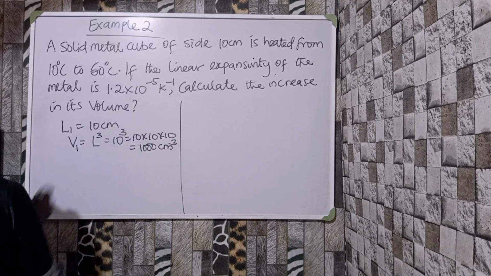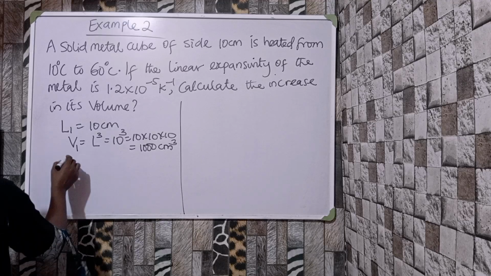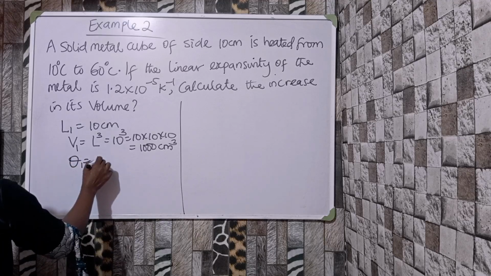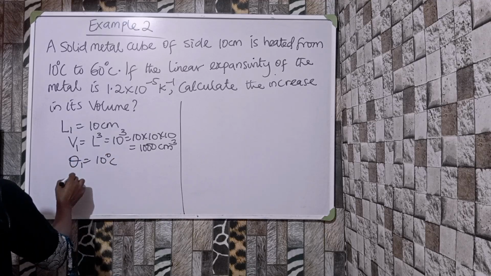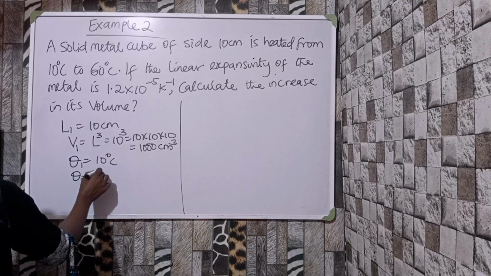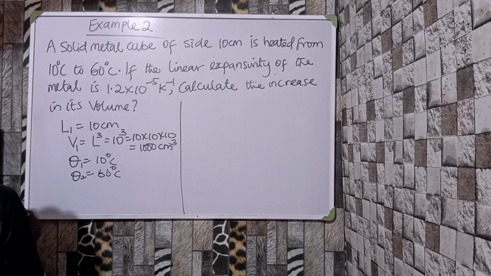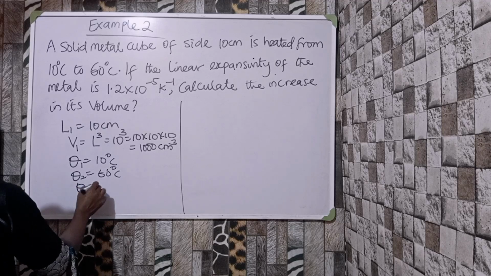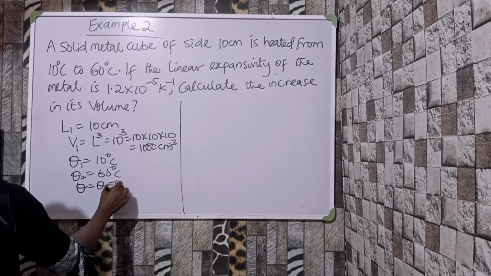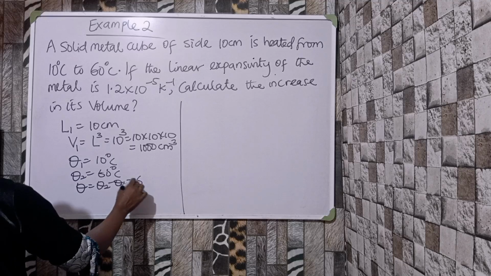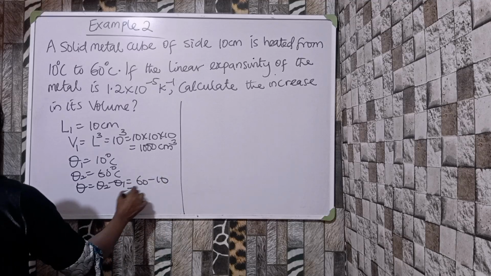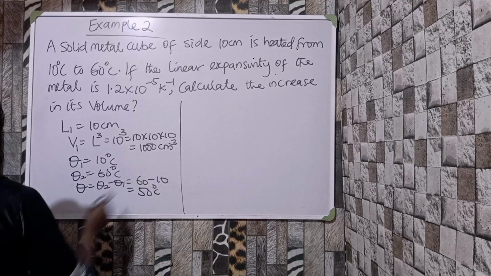That becomes my V1. Then they gave us the first temperature to be 10 degrees Celsius and the second one to be 60 degrees Celsius. Now we are asked to find the temperature difference, which is theta. Remember that theta is theta 2 minus theta 1, that is 60 minus 10, which is equal to 50 degrees C.